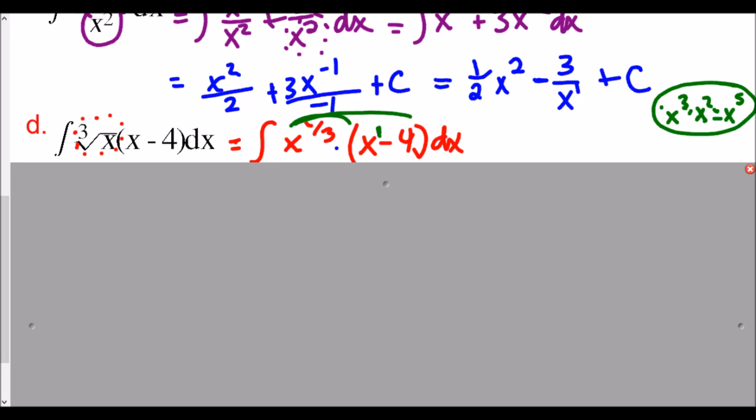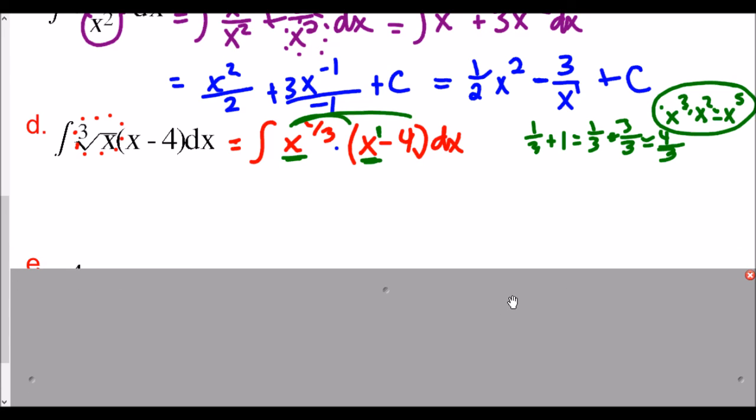So when we multiply x to the 1/3 times x to the first, we're going to add. So 1/3 plus 1. So that'll be 1/3 plus 3/3, which is 4/3. This is still just rewriting our integral. So in order to rewrite our integral, we'll still have our integral symbol.